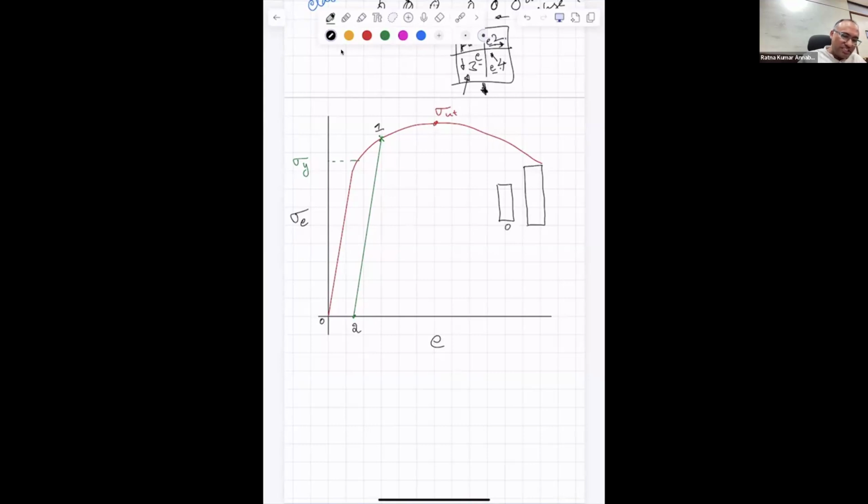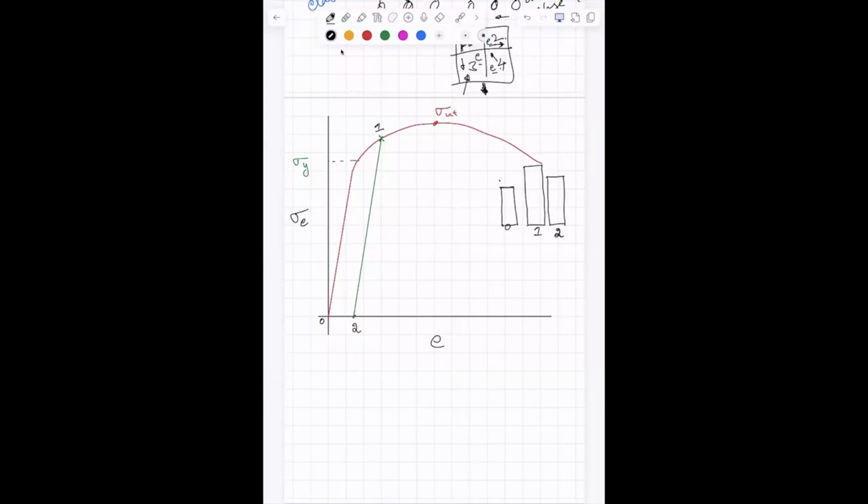At 0.0, you have the specimen like this, and at 0.1, it has become like that. And when you have unloaded, it will not be coming back to its original configuration. It will be somewhere in between, right? That is the status at 0.2. Is that clear? Yes, sir. Now it is unloaded. Now you can take this specimen.